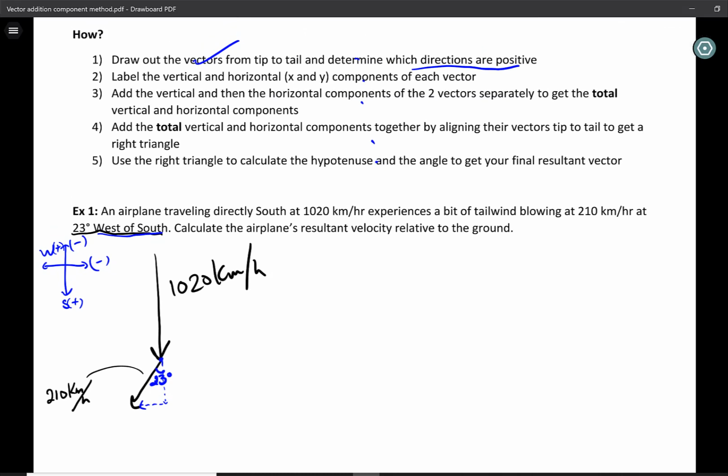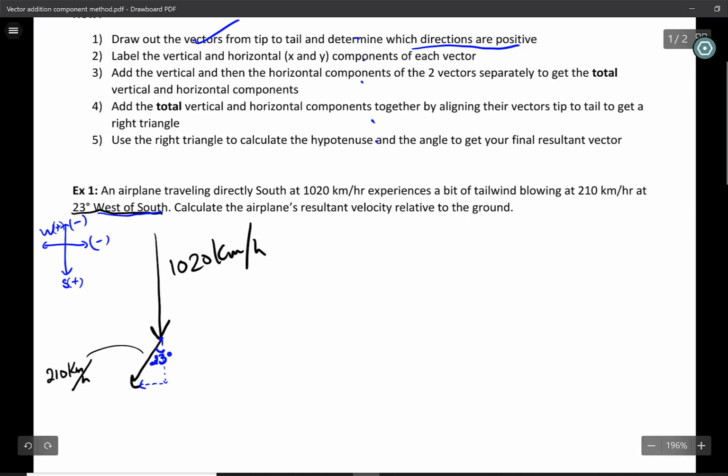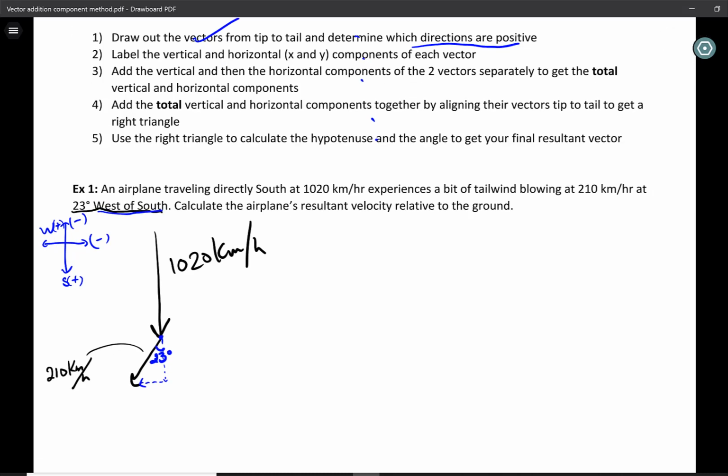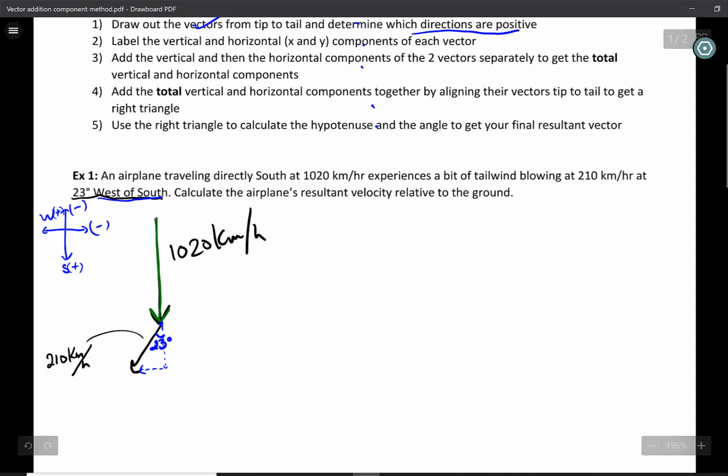Okay, so next up we need to label the vertical and horizontal x and y components of each vector. So for the y component, I'll use green. And from the plane, this is already going in the south direction, so we don't need to break that one up. That's already going vertical, so we leave it as that.